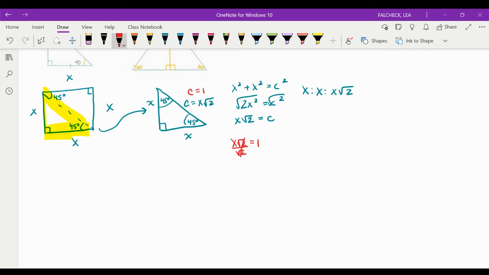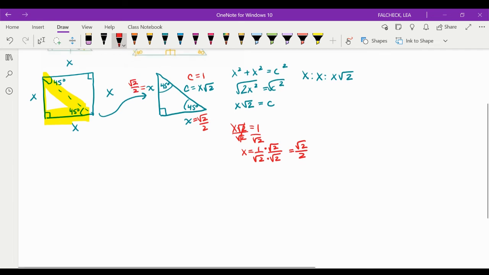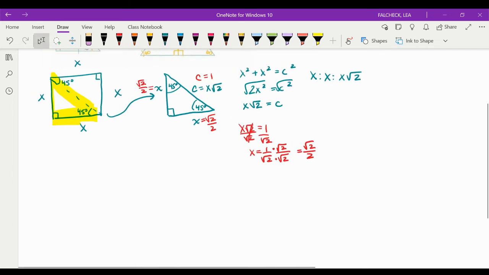Divide by the square root of 2 on both sides, and I would get x equals 1 over the square root of 2. And remember, we like to rationalize when there's a square root in the denominator. So I would get root 2 over 2. So when c equals 1, x equals root 2 over 2. All right, cool. Hold that thought.